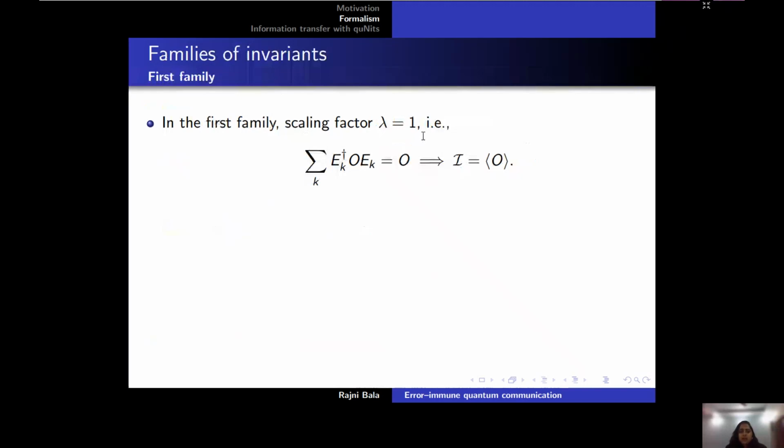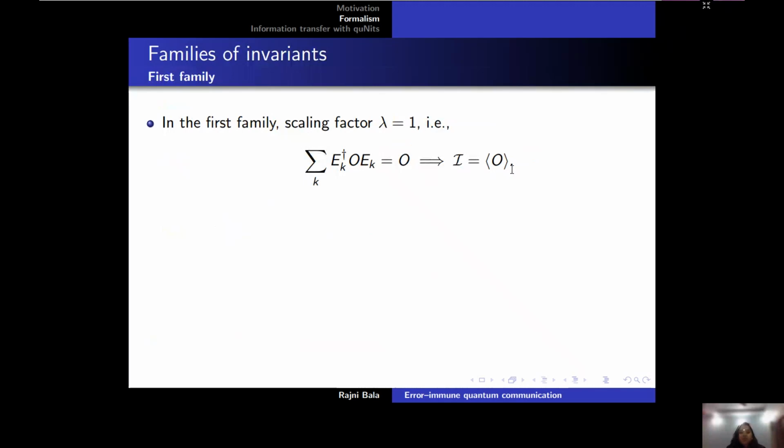What we want to say is that these operators do not change under the noisy evolution, that is, they remain invariant, and so the information encoded in them. So the expectation values of all such operators which are not changing at all under the noisy evolution of a state belong to the first family.